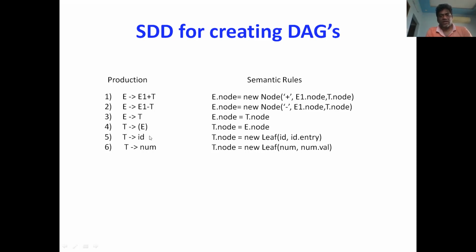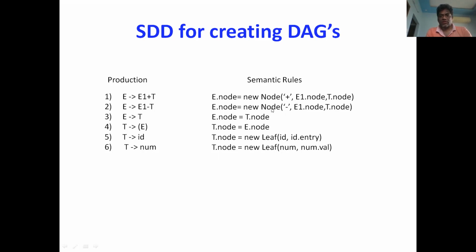And whenever there is a terminal, ID or num, on the RHS of the production, then you need to create leaves by showing the corresponding ID and a link to the symbol table, id.entry, or if it contains a value directly, then show the value directly in the corresponding node.